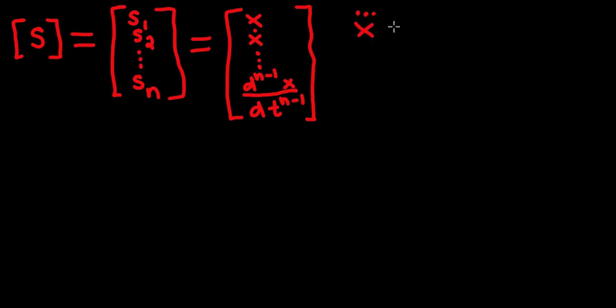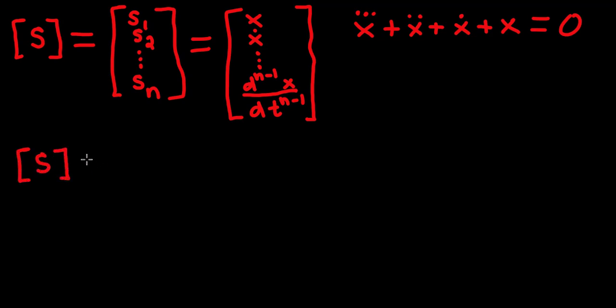Let's do a quick example to show how we set this up. So let's say we have this really easy ordinary differential equation here. This is super easy, all right? This is a third order differential equation. Since the order is 3, the vector of states will also have a length of 3.